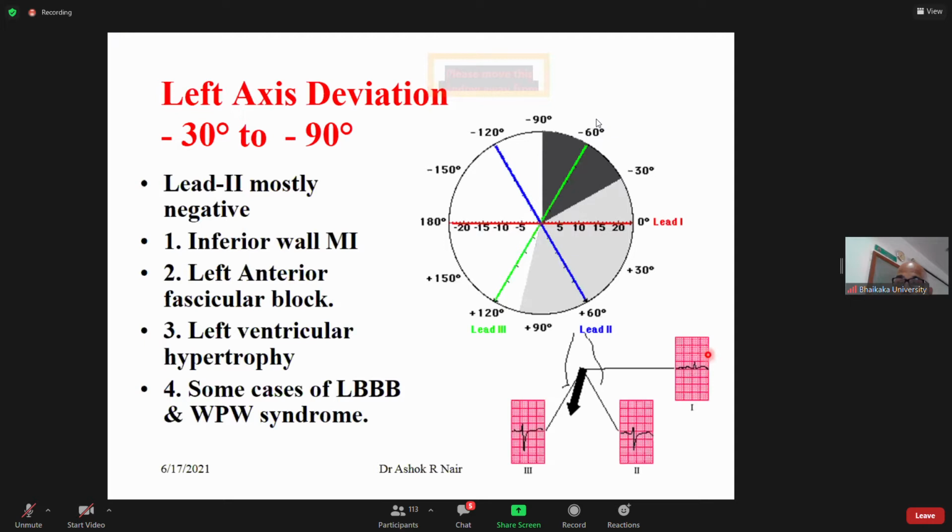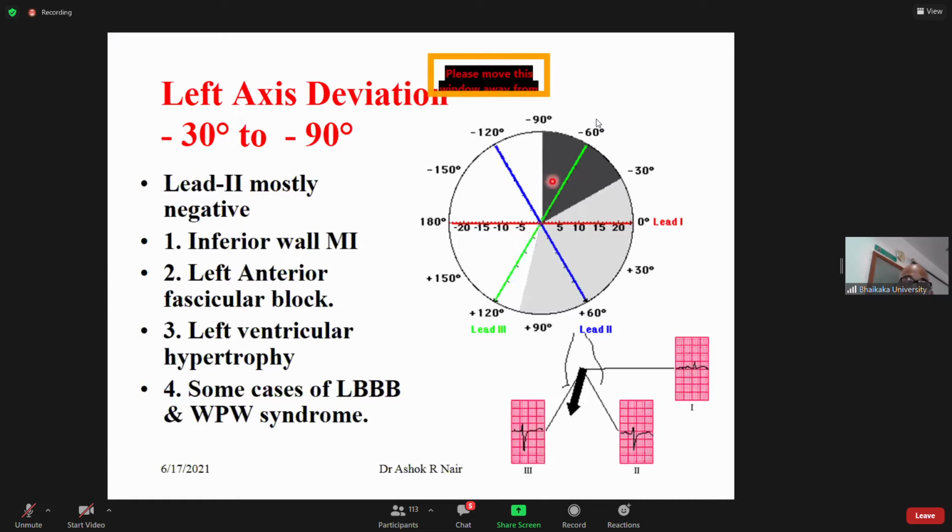And if lead 1 is positive and lead 3 is negative, which is lead 3, this is your lead 3, you draw a perpendicular here, then if lead 1 is positive and lead 3 is negative, then your axis is here.